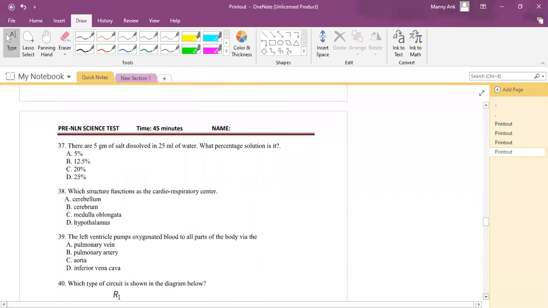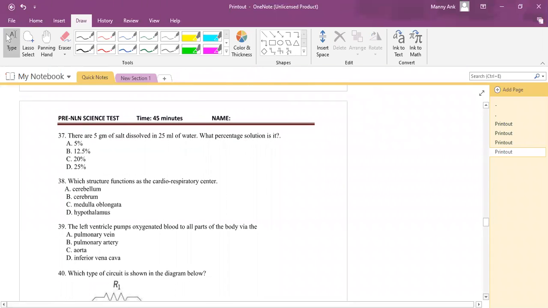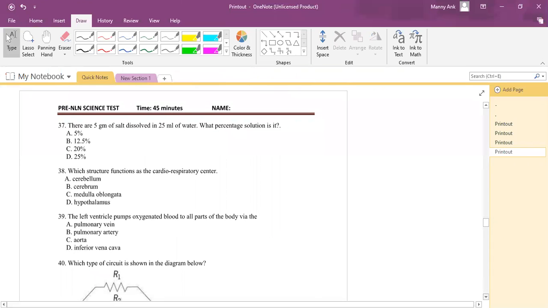37. There are 5 grams of salt dissolved in 25 ml of water. What percentage of solution is it? So you have 5 grams in 25 of water. Okay, 5 in 25. To get a percentage, you multiply by 100. So it means you're going to have 20% of the salt dissolved in the water.